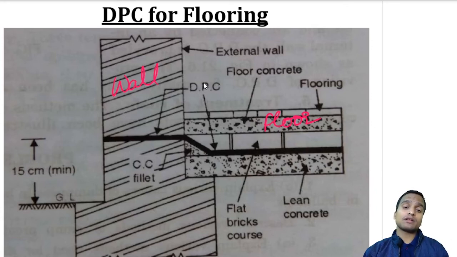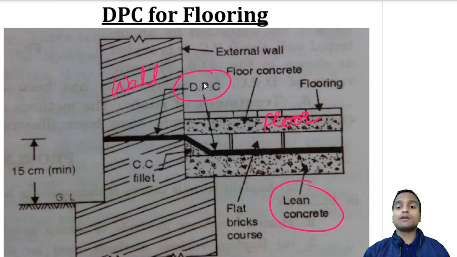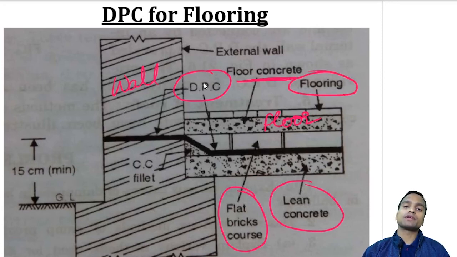But in damp soil where water table is really near the ground level, we have to do DPC over the entire floor area, and above that DPC layer, which is applied over the lean cement concrete, we also provide the layer of flat bricks course, and above bricks we provide floor concrete over which we can do the flooring. So this is how DPC is being done for flooring.